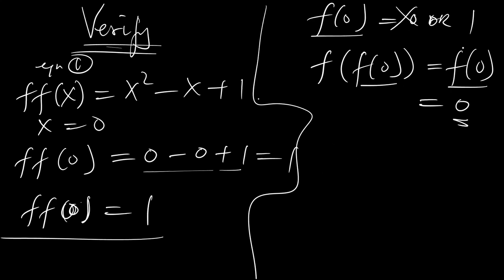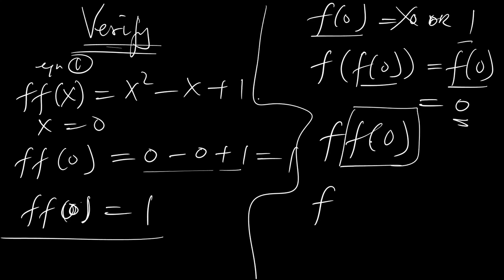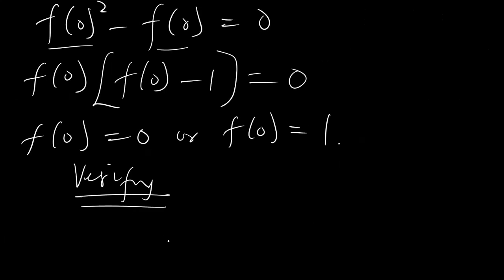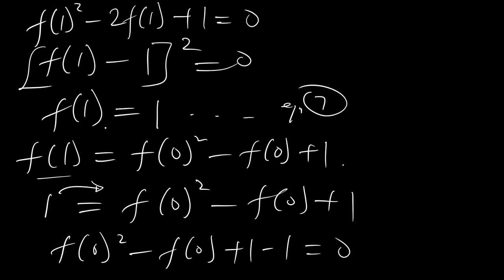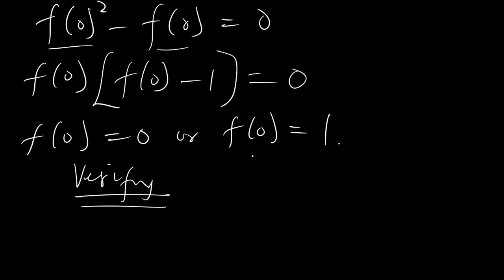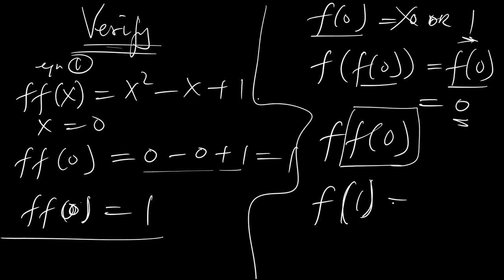So now let's look at f of 0 equal to 1. If f of 0 is equal to 1, we replace f of 0 with 1, and you have f of 1. And f of 1 from equation 7 is 1. So that means this is equal to 1.